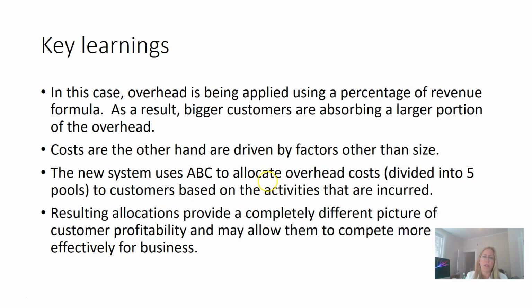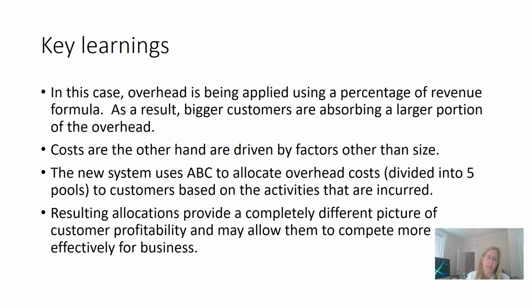So as I said, bigger customers are absorbing a larger portion of the overhead, but when you look carefully at those costs, they're actually being driven by factors other than size. So the new system is going to allow you to track those costs more carefully to the customers that are incurring those costs.